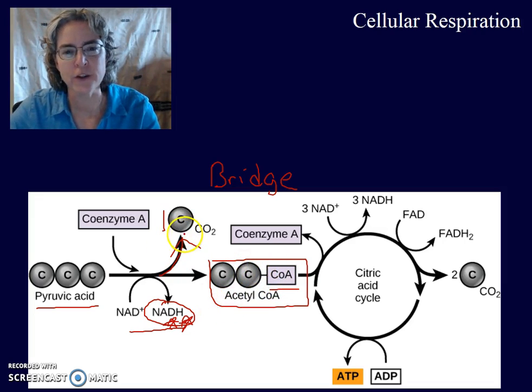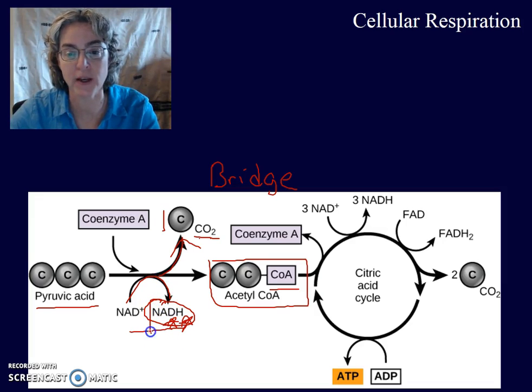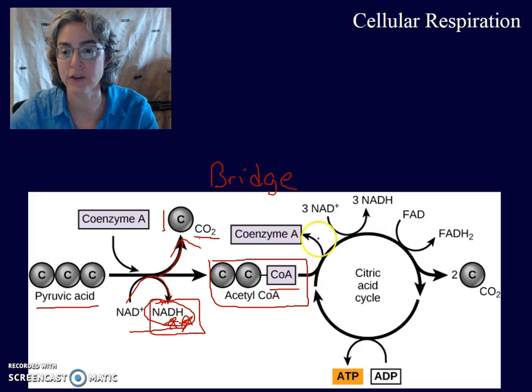So the energy that came off when carbon was bonded to oxygen in this carbon dioxide has now been transformed into another molecule, this NADH molecule.